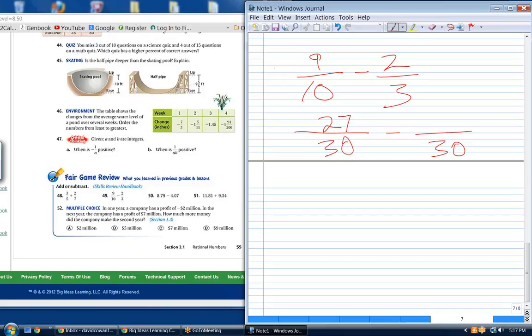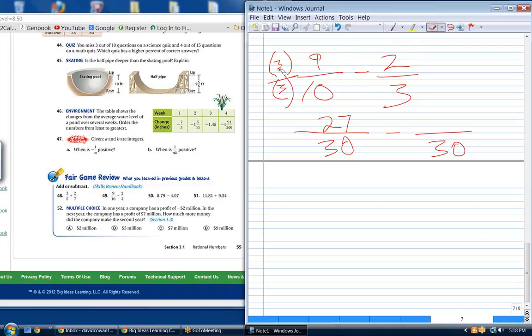Right. The way I convert 9/10 to 27/30 is I multiply the top and the bottom by 3. In other words, I can take a fraction and multiply it by 1 all day long without changing its value.